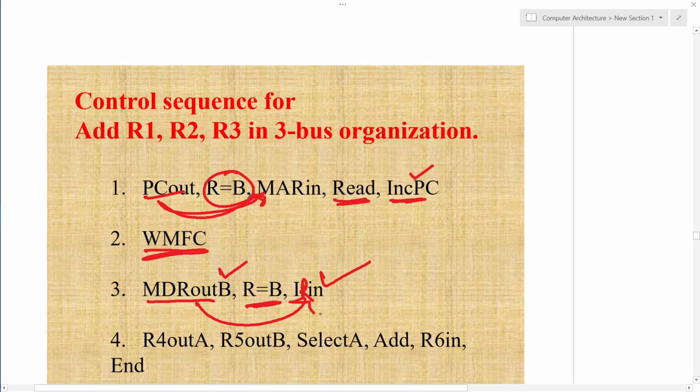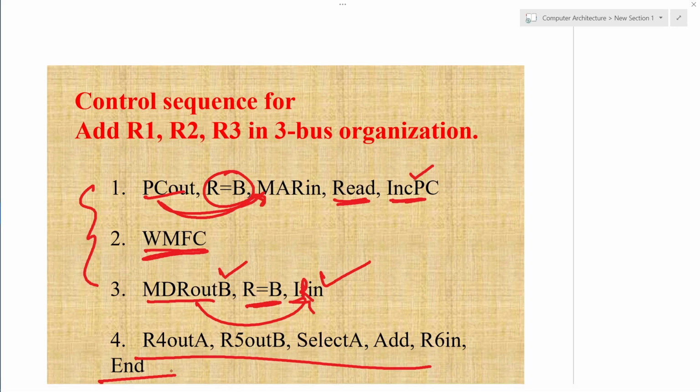So the instruction fetch phase completes. Once it completes in multi-bus, the remaining steps can be done in one or two steps at most. If it is a memory operation, we may go for more steps. If it is a register operation, it may be completed in one step. So I have to add two registers and write to a third register. What do I have to write?